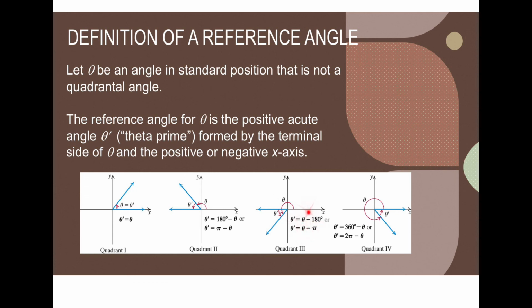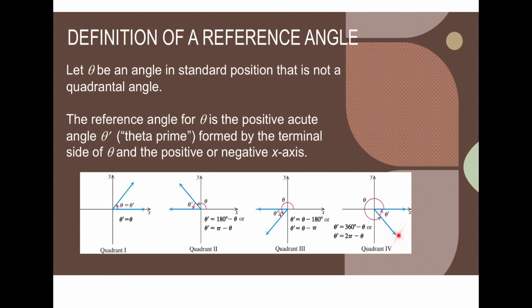We have to go theta minus 180. So we take away 180. So basically we're taking this angle here, and then we're saying let's subtract this amount, which is the 180 part. What we're left with is that guy right there. And that would be theta minus pi as well.